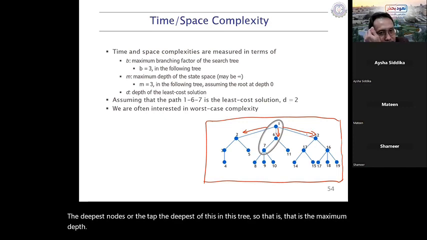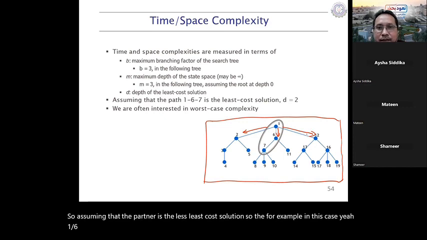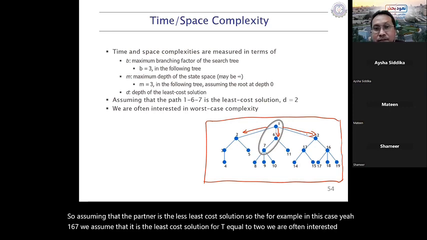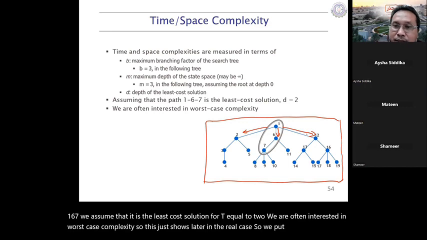Assuming that the path 1, 6, 7 is the least cost solution, for d equal to 2, we are often interested in worst case complexity. This just assumes. Later in the real case, we put a cost on each edge.